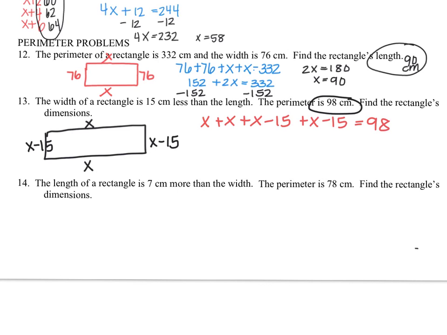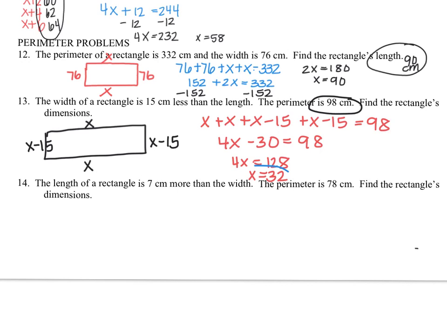Put your terms together. You get 4x minus 30 equals 98. And then solve for x. Add 30 to both sides. You get 4x equals 128. Divide by 4 on both sides, you get x is 32.